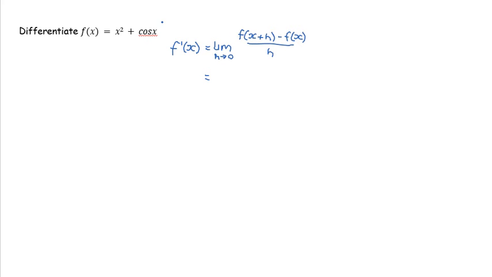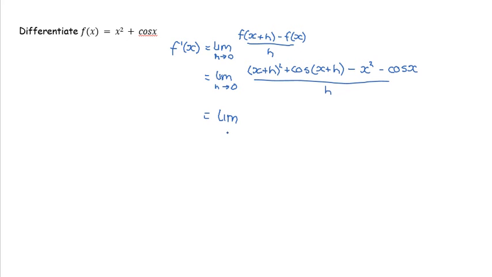Continuing on, in this case we're just inputting x plus h like we have done in previous examples, so we end up with the limit as h tends towards 0 of x plus h all squared this time plus cos of x plus h, and then this is minus f of x, which is this, so that's subtract x squared, and remember it's subtract all of this, so it's take away that and take away cos x, so I'll just distribute this negative out to that, and that's all over h.